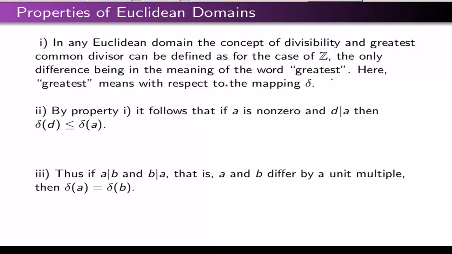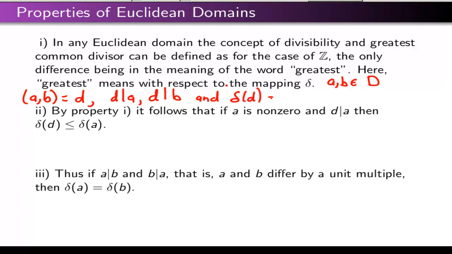So if I let a and b be two elements of your integral domain, and you want to talk about the greatest common divisor, it has the usual properties. d has to be a common divisor, and d is the common divisor having the greatest delta value. So delta(d) is maximal.